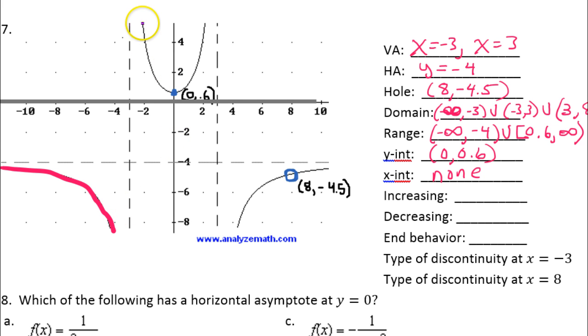And picking up over here, I'm decreasing. And then I start increasing. Okay, and then I have to skip, and then I'm increasing again. I'm going uphill. I still have to skip this hole though, so watch out for that. All right, don't include this hole in your increasing interval. Okay, you're gonna have to skip it just the same way we skipped the asymptote.